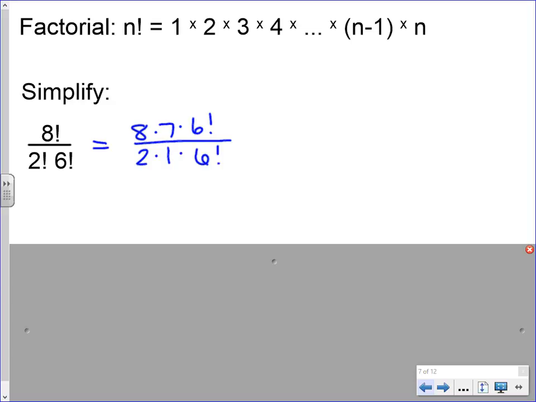I did that so we can just cancel these out. And this reduces to what? Excellent.